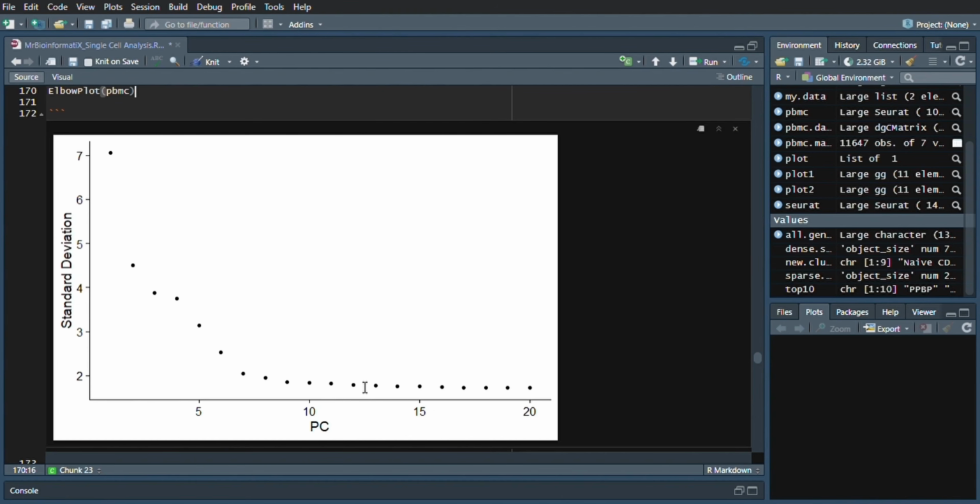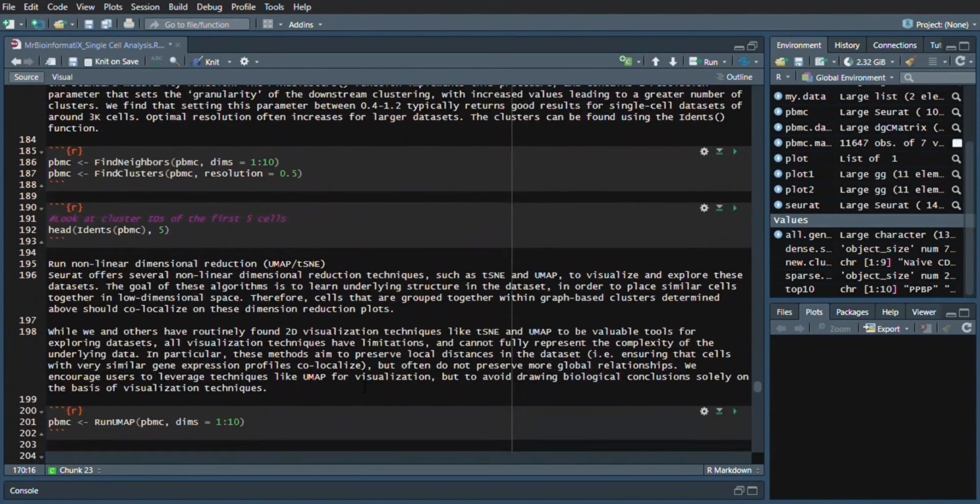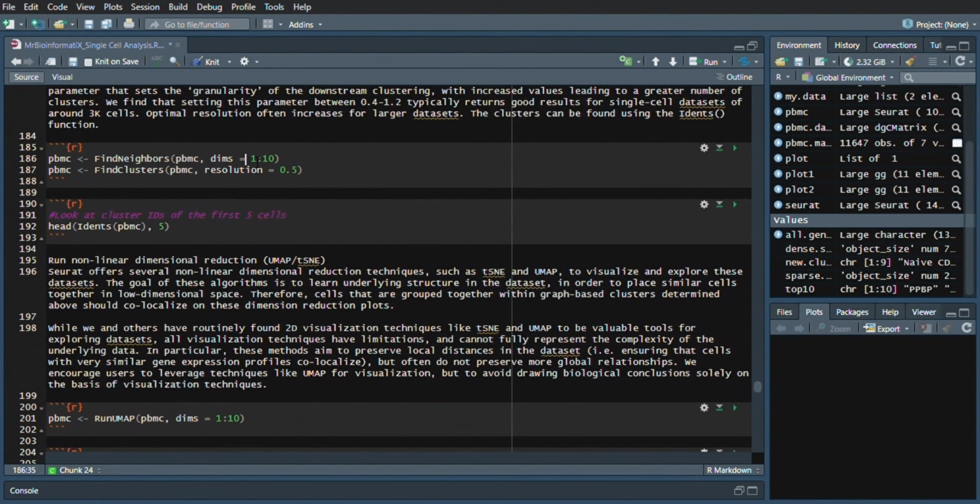Now let's cluster the cells to identify distinct groups based on their gene expression profiles. First, we will build a k-nearest neighbor graph using the FindNeighbors function. So we write FindNeighbors, we put PBMC, dims, dimensions from 1 to 10, and then FindClusters, PBMC, resolution equals 0.5.